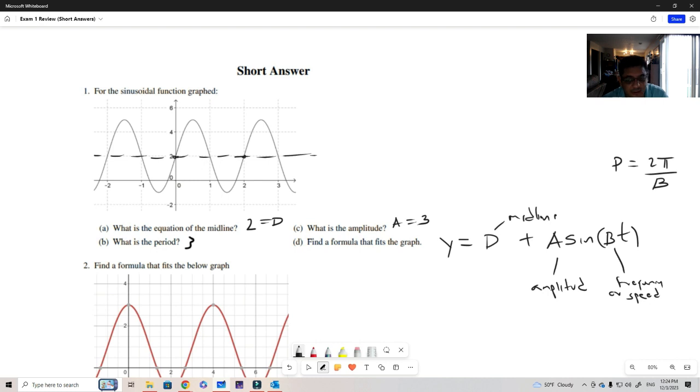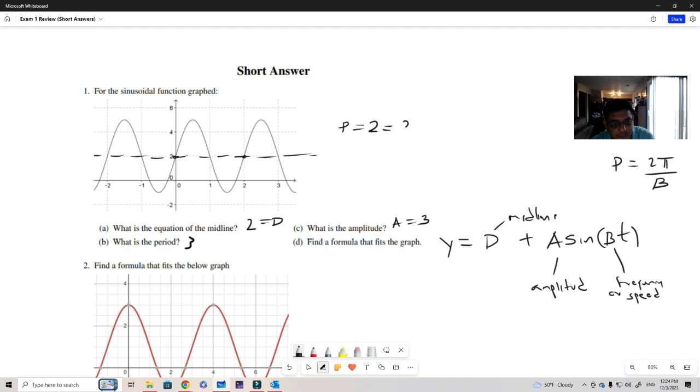Here is a little bit easier to calculate where this point is repeating. And so from that we can say, well, 2 seems to be the distance that it takes to go from here to here. So the period is 2.